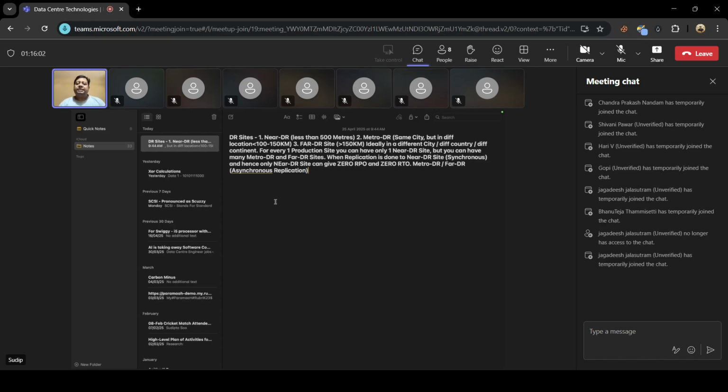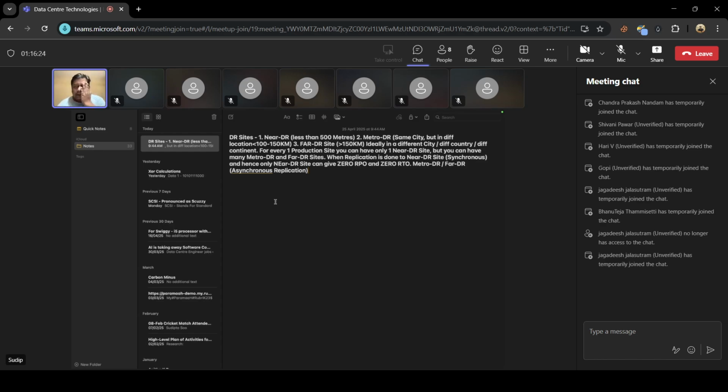Similarly, some banks keep 7 different copies of data, one near DR site and multiple far DR sites. Out of those 7 copies, one is in near DR, 2 or 3 maybe in metro DR sites, and the remaining 2 or 3 copies will be in far DR sites, some in different continents also.